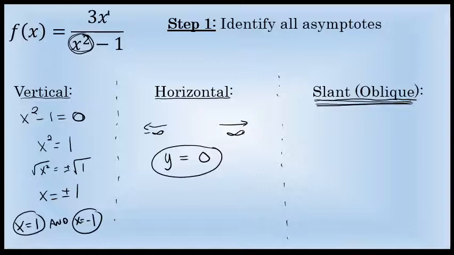In this case, the degree of the numerator is not 1 greater than the degree of the denominator. In this case, the degree of the denominator is actually larger, so there are no horizontal or slant asymptotes in this function. Now that we've identified all asymptotes, vertical, x equals 1 and x equals -1, horizontal, y equals 0, and no slant asymptotes, we can move on to step 2.